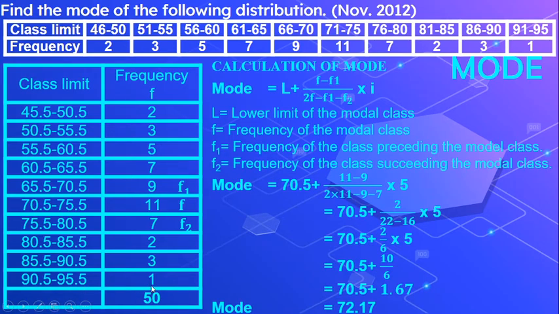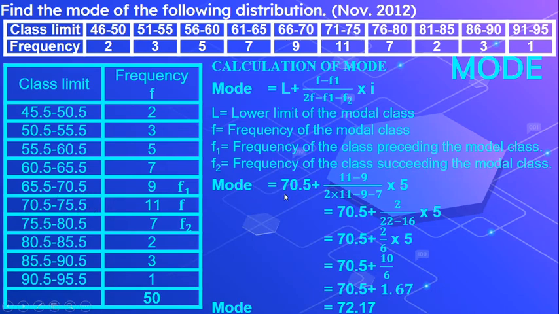And the frequencies are taken, applying the formula L plus (F minus F1) by (2F minus F1 minus F2) into I. Maximum frequency is 11. The modal class is 70.5 to 75.5.